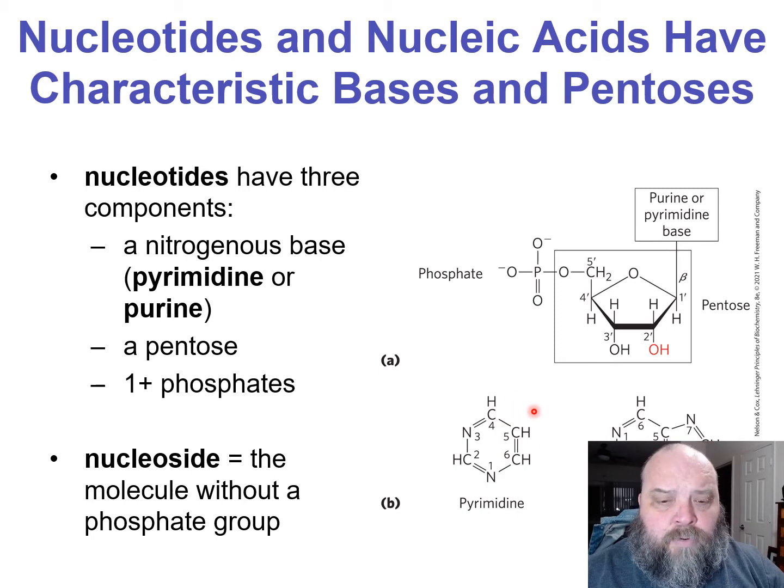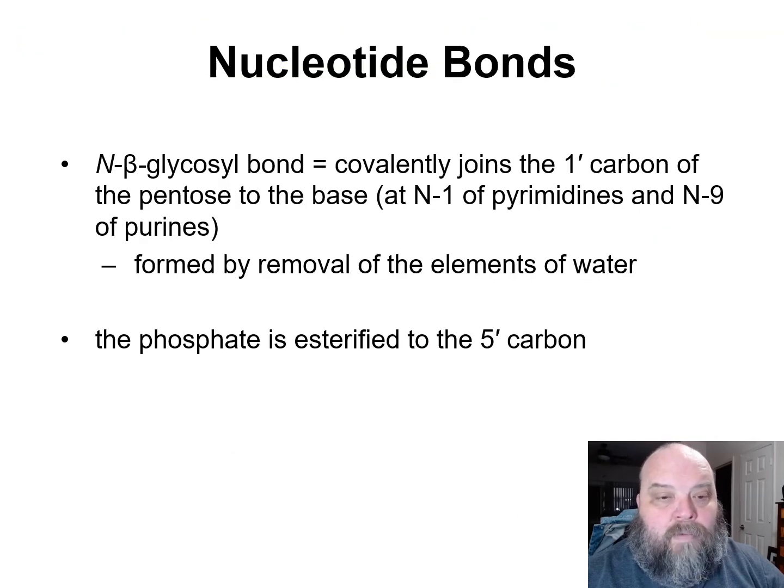Now, when you look here at the pyrimidine and the purine rings, they are called nitrogenous bases because if you look here, this is not a carbon-carbon chain. Yes, there's carbon-carbon bonds in here, but interspersed within are nitrogens, hence the nitrogenous base.